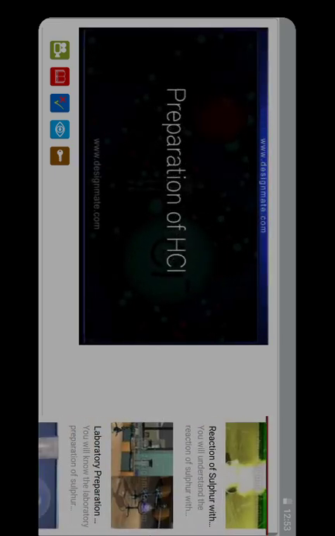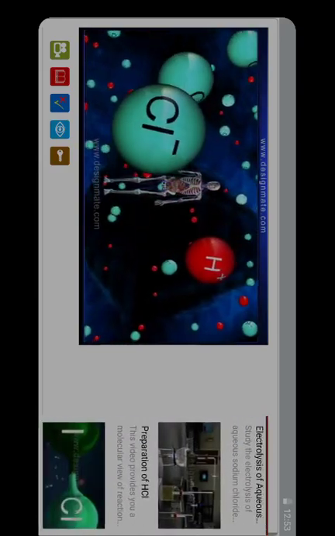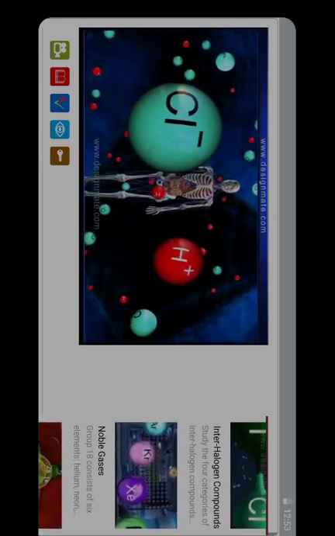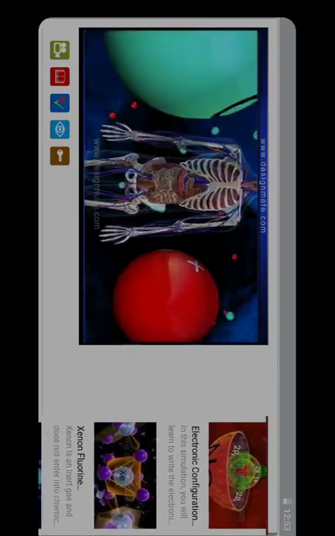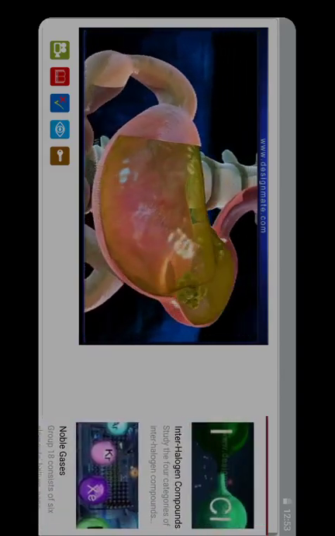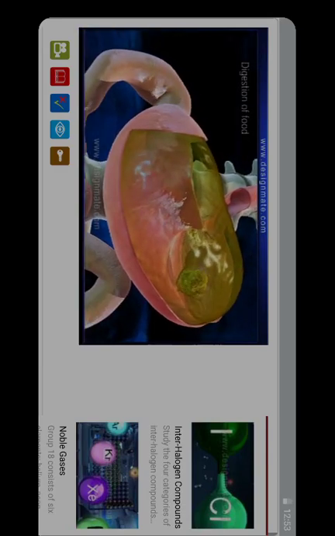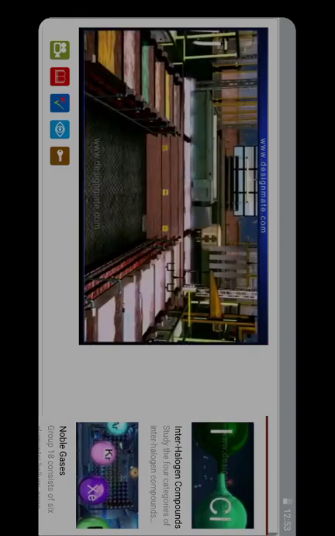Preparation of HCl. Hydrochloric acid. The acid your stomach produces naturally for the digestion of food, and that which is used for pickling of steel, is a versatile chemical.